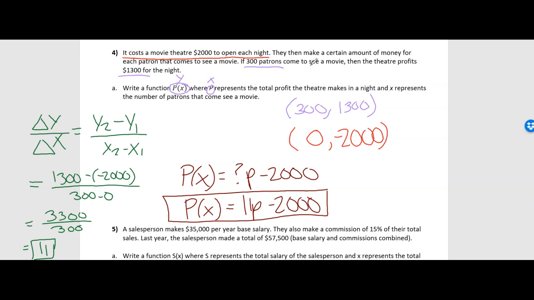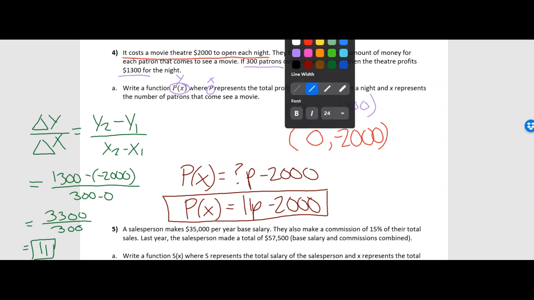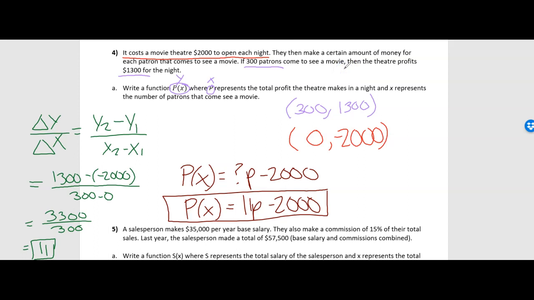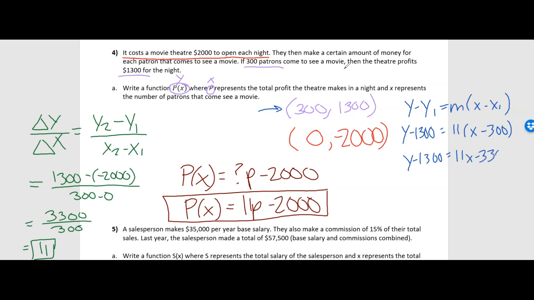If you forgot that, or you weren't able to come up with that on your own, well, we could just keep going by starting with point-slope form, right? Because that's how we normally build equations if we're unsure of where to start. I'll use this point right here. So I get y minus 1,300 equals my slope, 11, times the quantity x minus 300. I get y minus 1,300 is equal to 11x minus 3,300.